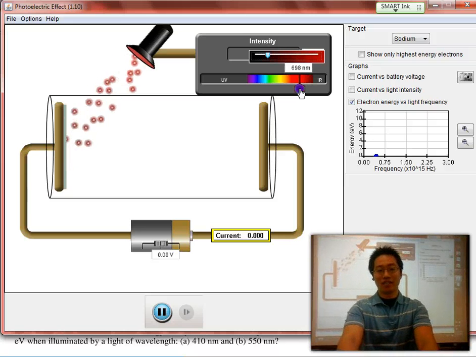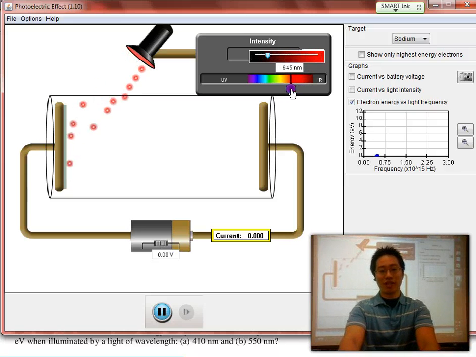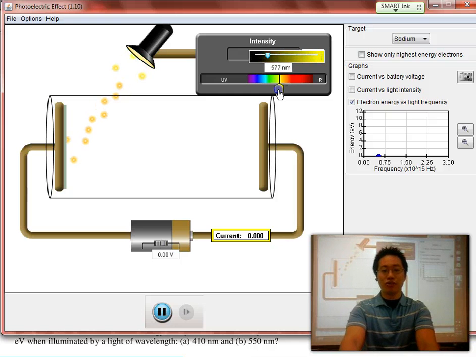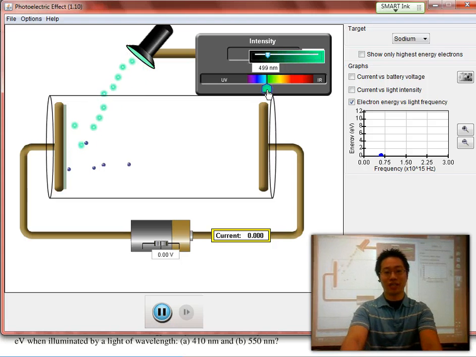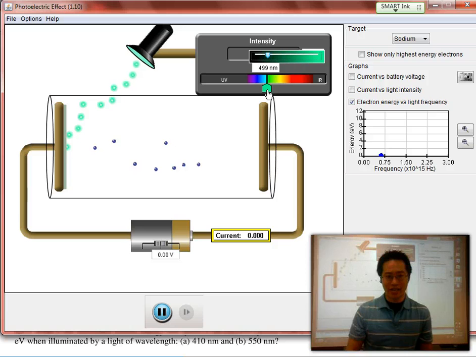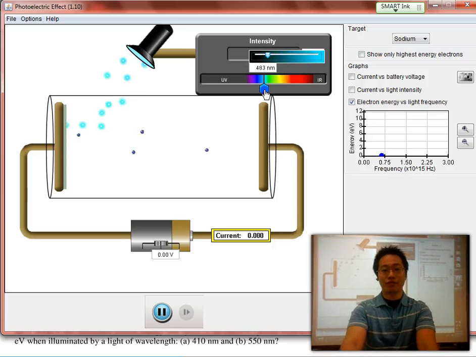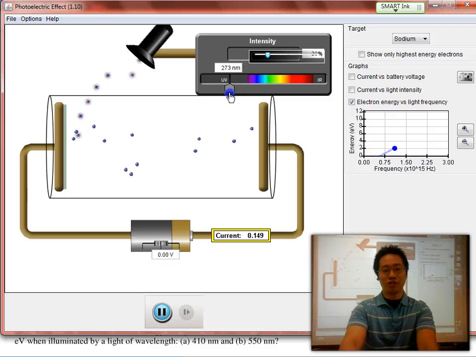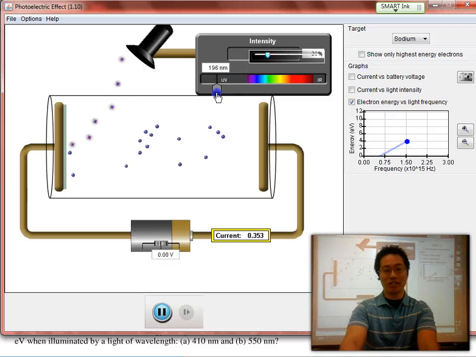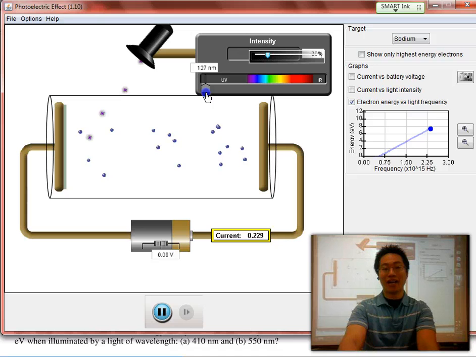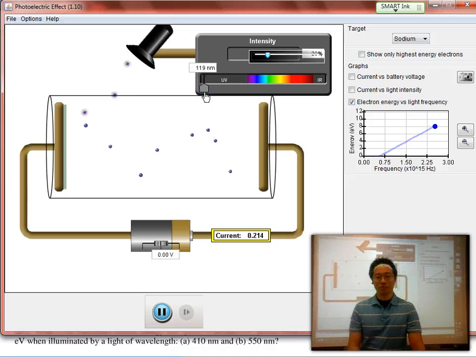But as I decrease the wavelength and increase the frequency, eventually I reach a point where electrons start to come out. Okay? In this case, it happened around 500 nanometers. And the higher I increase the frequency and decrease the wavelength, you can see the more energy those individual electrons have. In other words, they're moving faster than before. Okay?